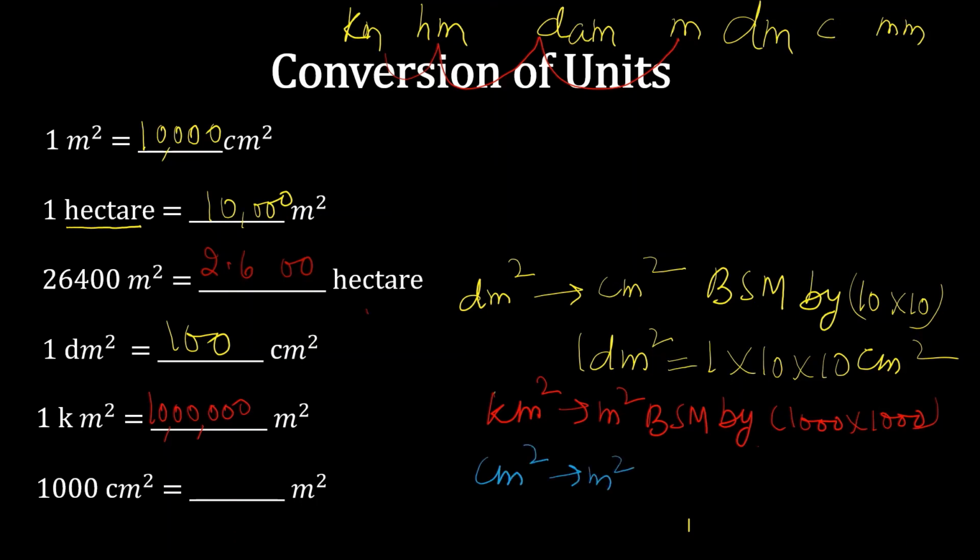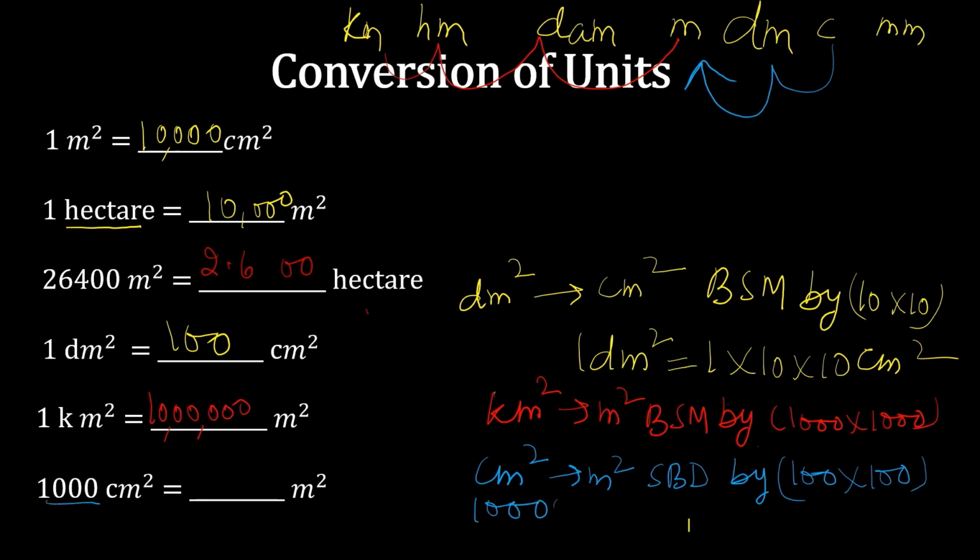Now last we have 1000 centimeter square to meter square. That is, centimeter is smaller, meter is bigger. So it is a case of SBD, small to big divide. By which number? You are jumping 2 times, so divide by 100. And because it is centimeter square, you will divide by 100 into 100.